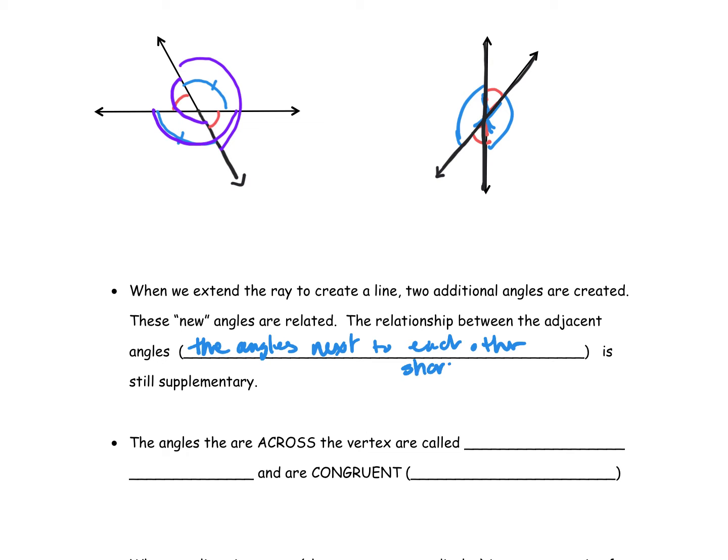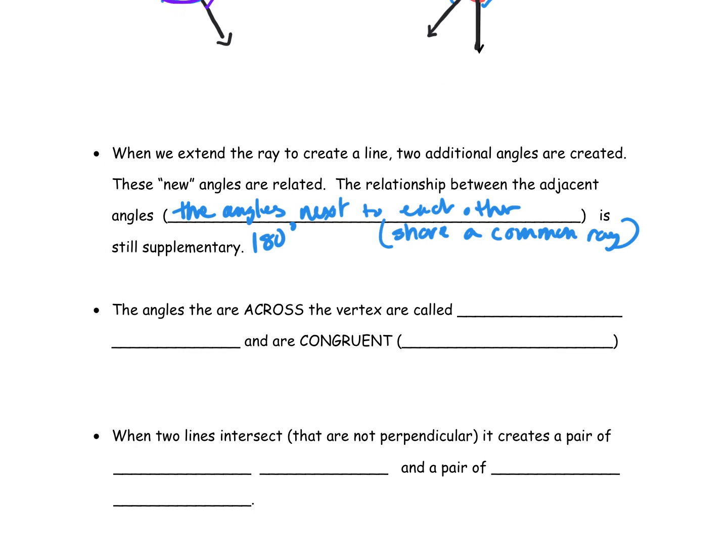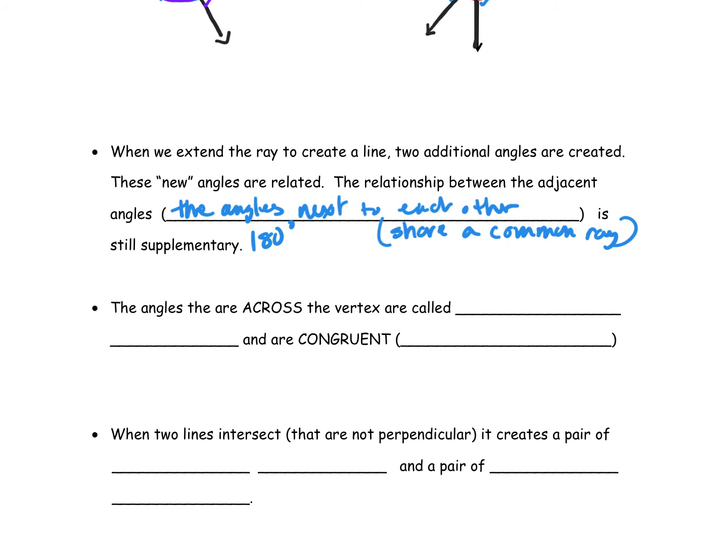Okay, so the relationship is still supplementary, so it adds up to 180 degrees. The angles across the vertex are known as vertical angles. And they are congruent, which means equal in measure.